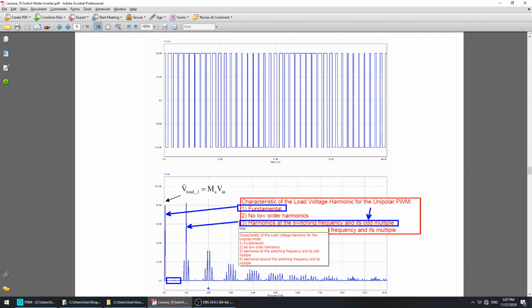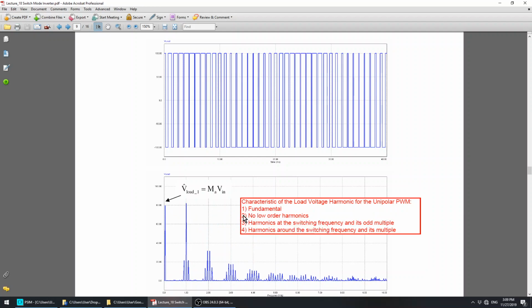So you don't see components at even multiples, they only exist at odd multiples: 1, 3, the third harmonic, 5, 7, and the rest. Okay, clear?